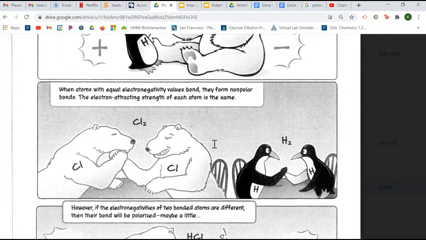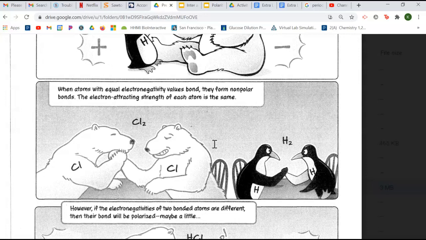Now, in the case of when you have two of the same elements or atoms bonding together, when atoms with equal electronegativity values bond, they form something called non-polar bonds. And that means that the tug and pull of each of those, or in other words, the electron attracting strength of each atom, is the same.